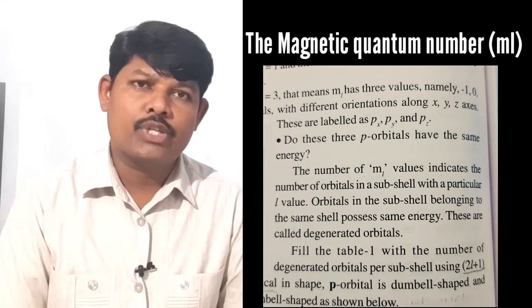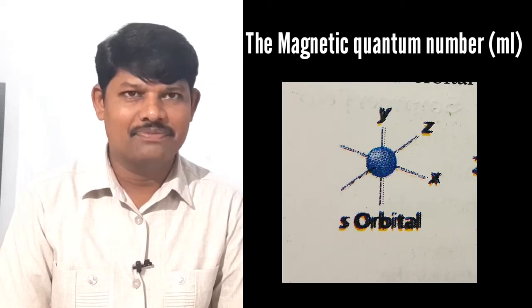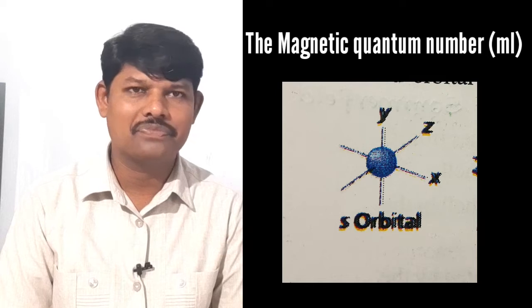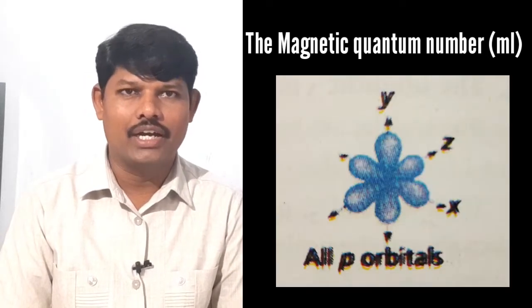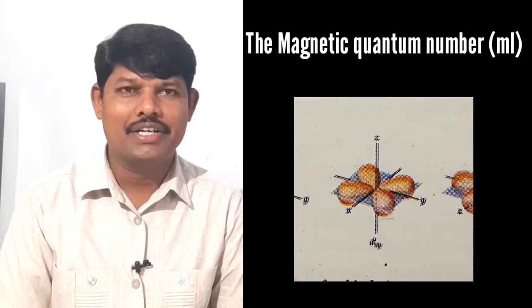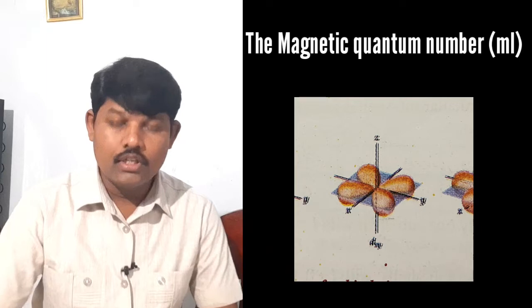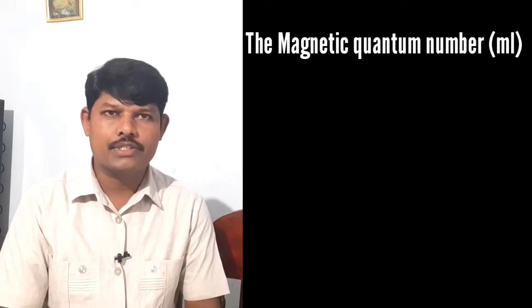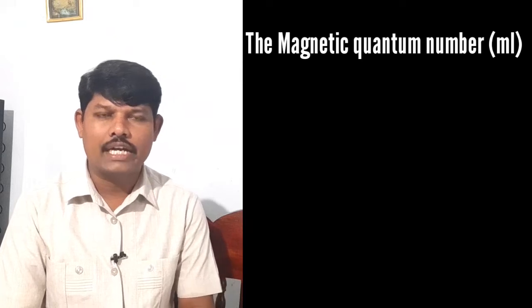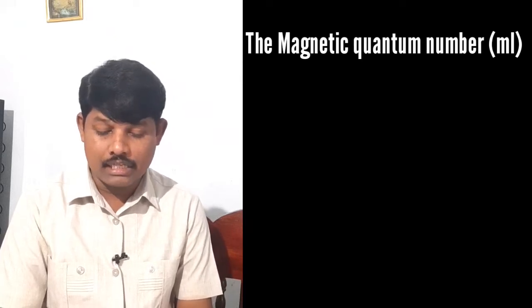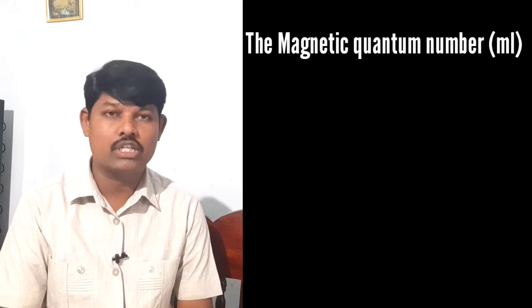So what are the shapes of the orbitals? S orbital, spherical shape; p orbital, dumbbell shape; and d orbital, double dumbbell shape. So now we have a small task. We have to complete table 1 in the textbook. Let us complete the subshells and number of degenerate orbitals. L value is given, subshells is given.